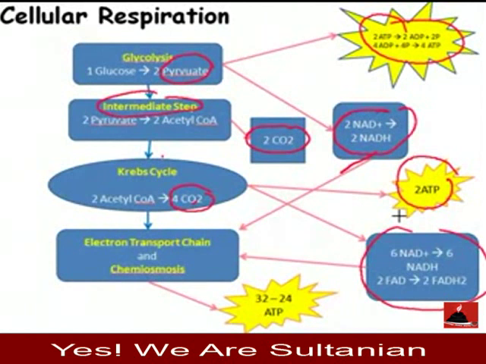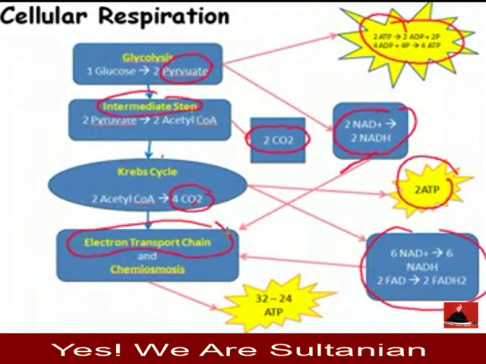The whole purpose of this was to extract energy, so the NADH and the FADH2s are still packed with energy. We're going to extract that energy carefully so that we don't get an explosion in the cells during this electron transport chain. This electron transport chain is going to transport the electrons from one molecule to another, and then eventually it's also going to pump out hydrogen protons across the membrane.